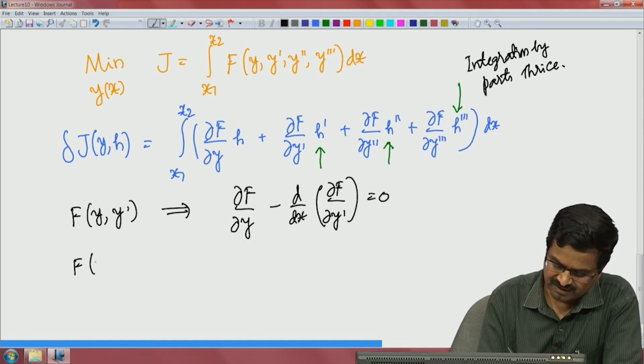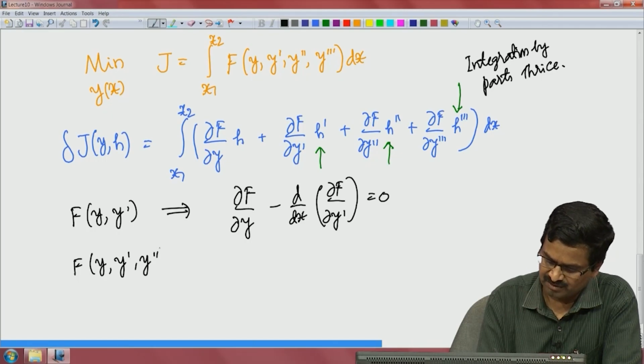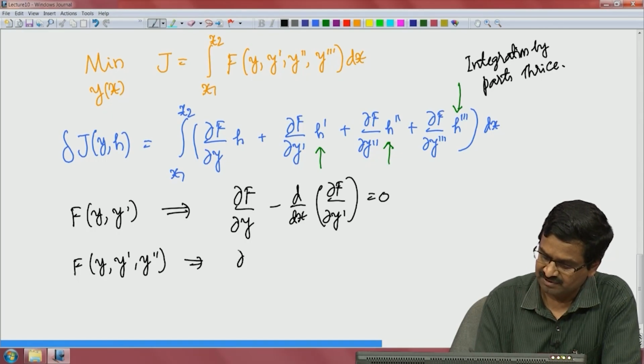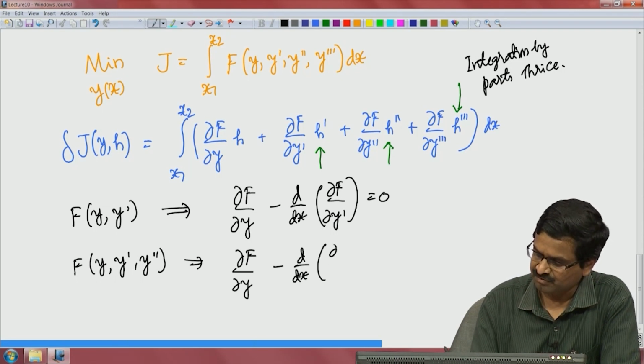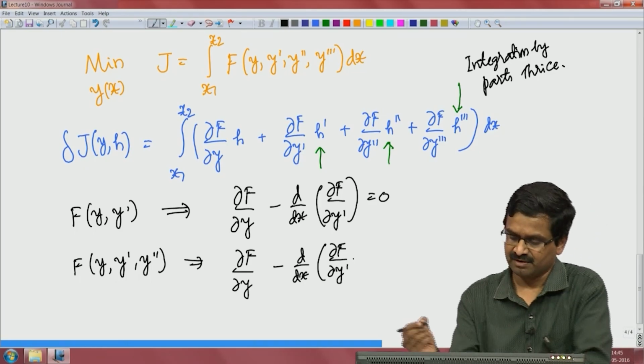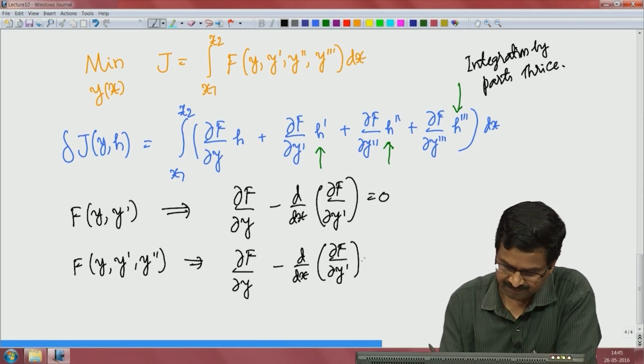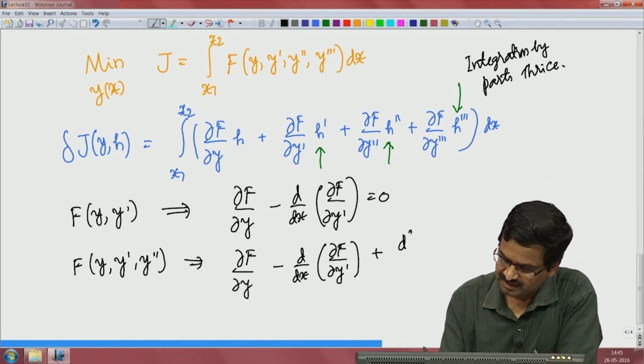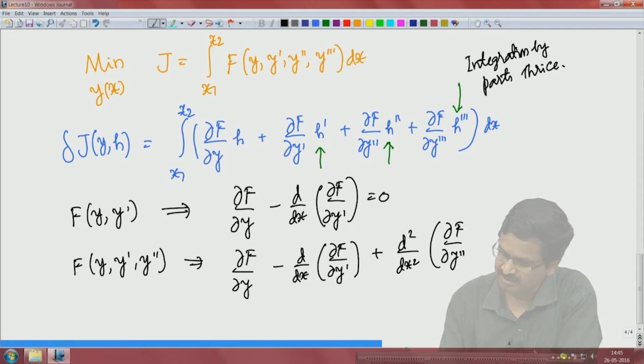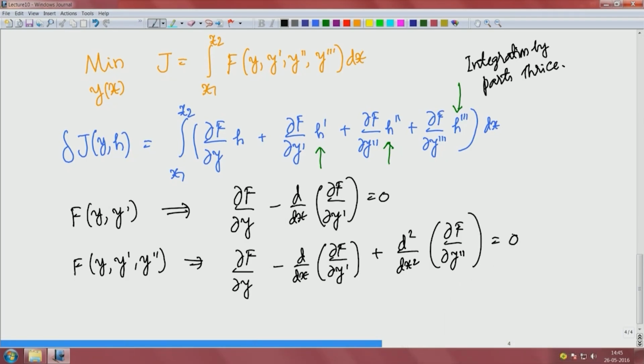Similarly, if I had integrand y, y prime and y double prime, that gave us ∂f/∂y minus d/dx of ∂f/∂y prime plus d²/dx² of ∂f/∂y double prime equal to 0.